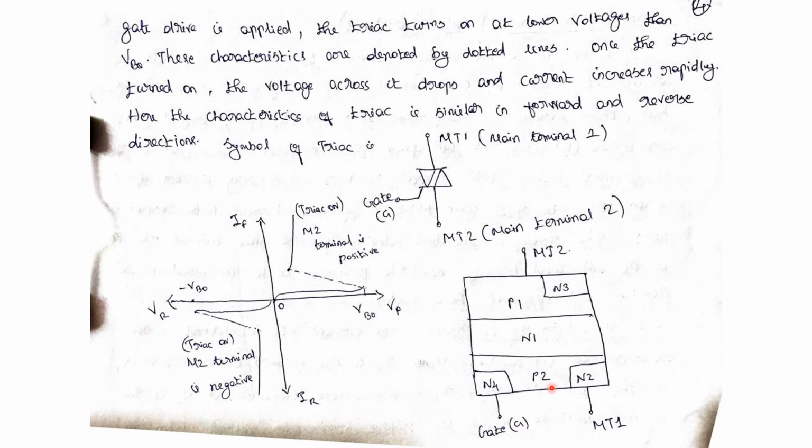Here we have the P2, N1, P1 regions. N3 is also there. The MT2 terminal is directly connected to P1. Then the N4 and N2 regions: N4 forms the gate, and the N2 region is connected with MT1.